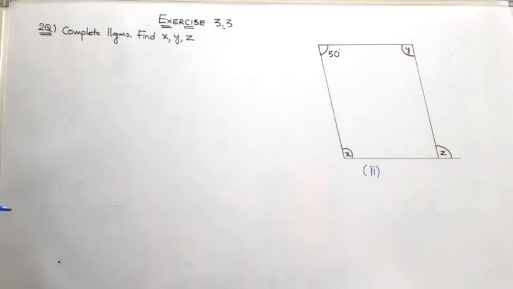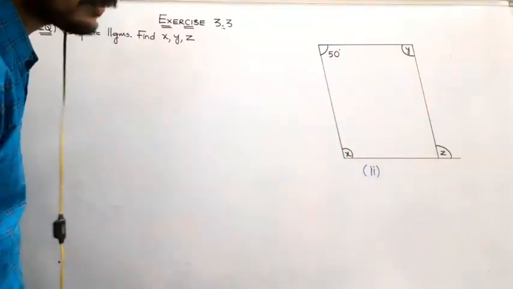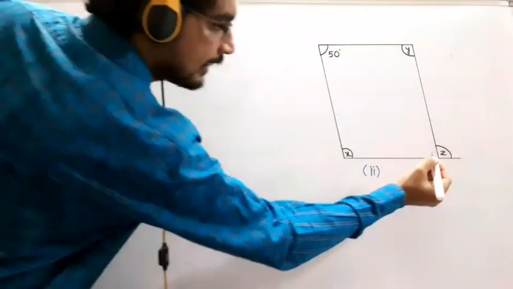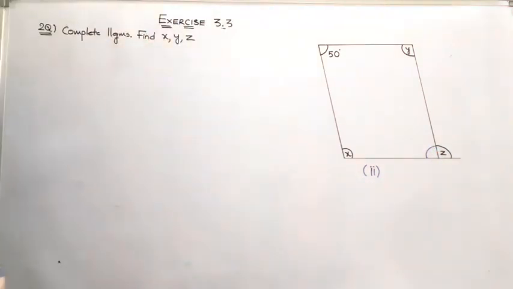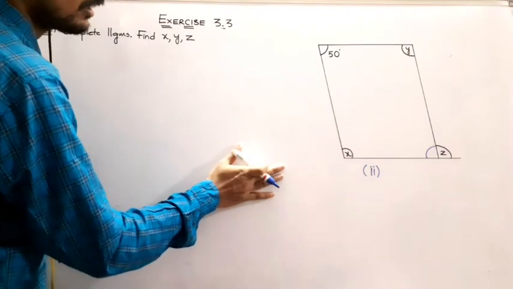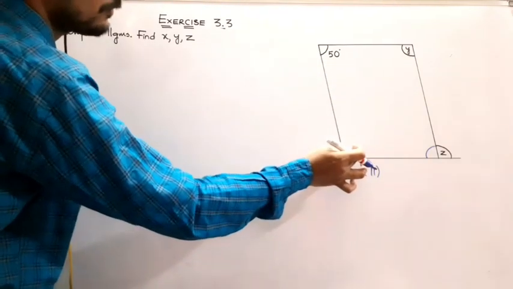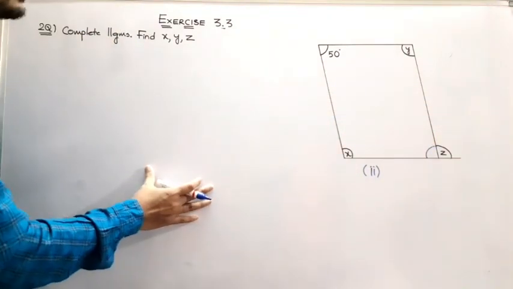They are asking us to complete the parallelogram, which means they want us to find the values of x, y and internal angles. So by using the angular properties of the parallelogram, we are going to find the values of x, y, and z.